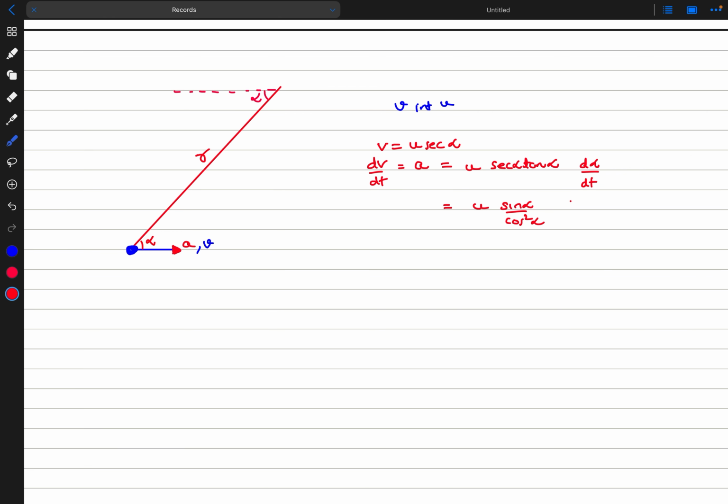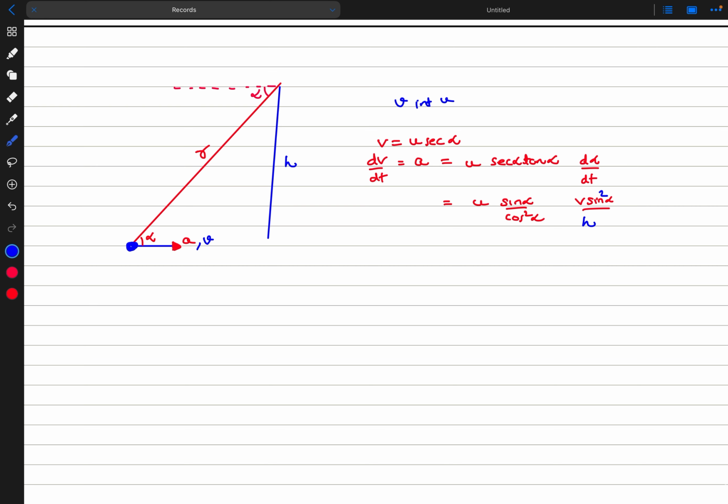So d alpha by dt is going to be V sin alpha divided by R. Now we just need to get rid of R. This is a known quantity H, so R is going to be H cosecant alpha, and the sin goes to the numerator.